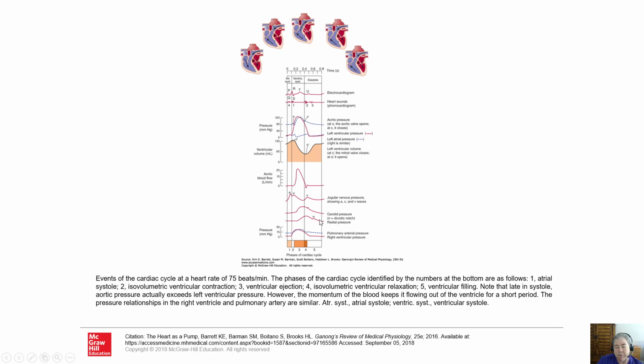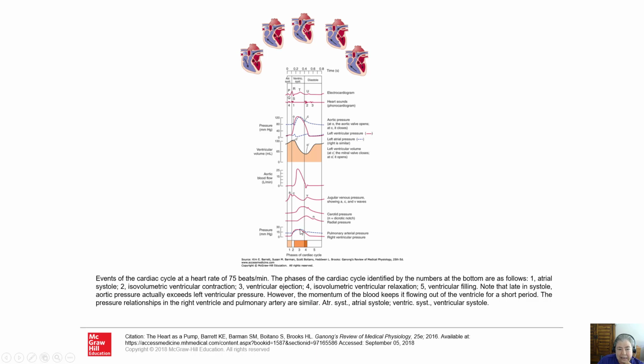And you can see radial pulses are later than and lower than carotid pressures and pulses. And then pulmonary arterial pressures and right ventricular pressures, which are on a pressure scale, and just helpful to notice how much lower these pressures are.